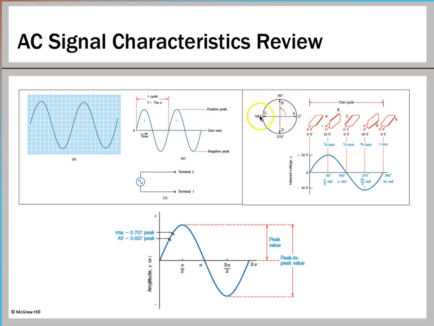So that's the positive half cycle, and then when it rotates from 180 degrees to 360 degrees, or 0 degrees, you have the negative half cycle. That's how the whole cycle from 0 to 360 degrees is one cycle, or one time period, and frequency is 1 by this time period. So that's a basic review of the AC signal.